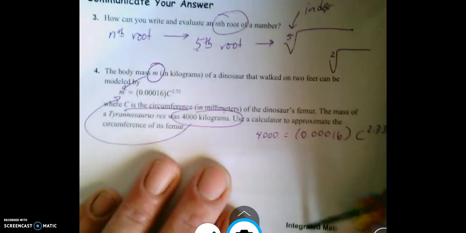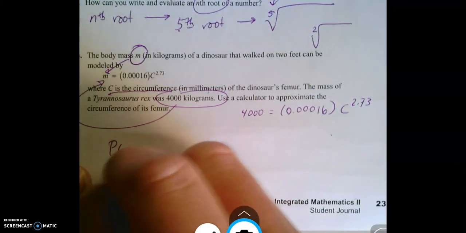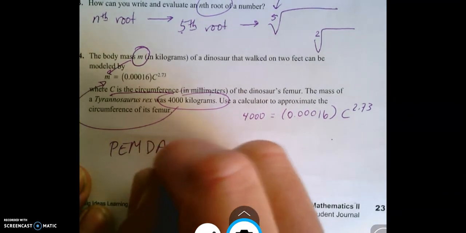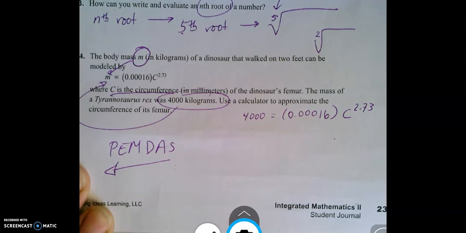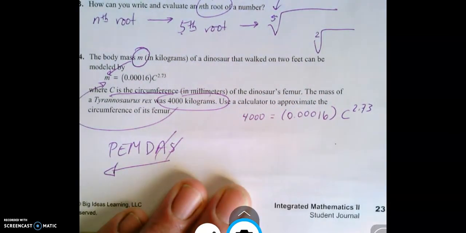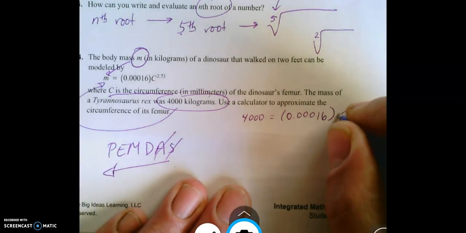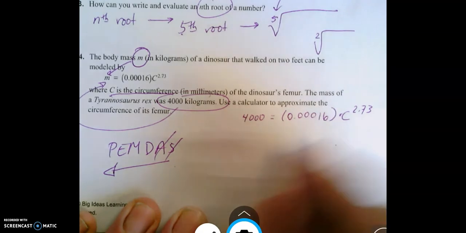Alright, this is a little bit weird. 4,000 divided by, so what the heck are you going to do? Well, if you remember the order of operations, PEMDAS, we got to work backwards. Okay, so there's no addition or subtraction. Got that done. There is multiplication, though. Before we get to this exponent, we got to take care of this multiplication.